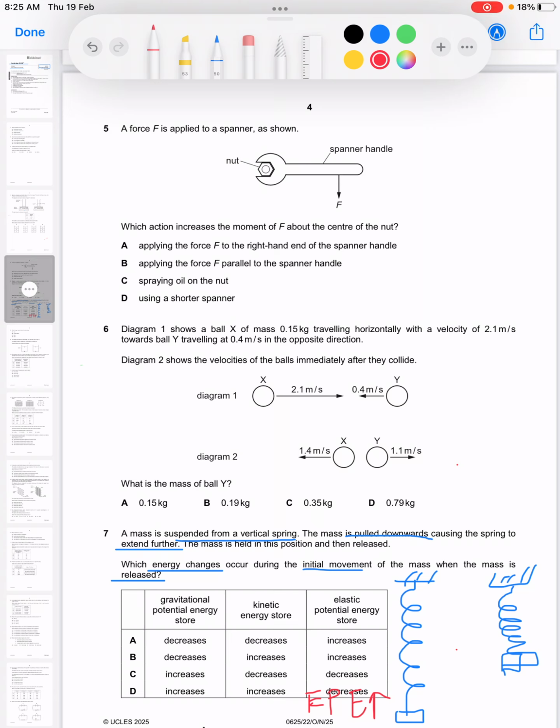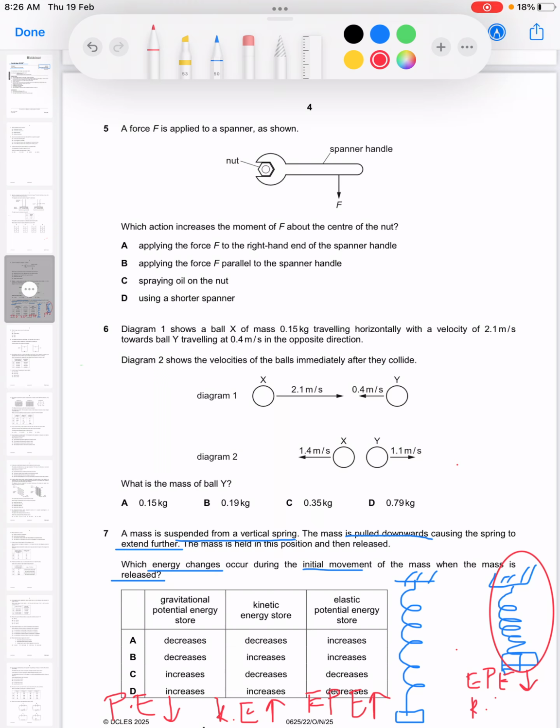So it means obviously because of the motion we have the kinetic energy that will also increase, but the potential energy is decreasing, right? But now at this new position, because it is now released, elastic potential energy reduced, right?